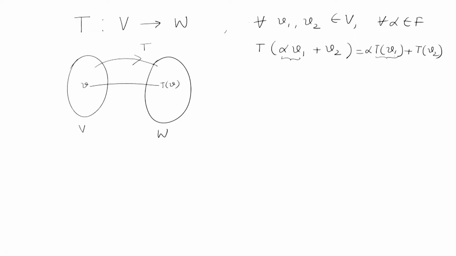So if this property holds for every V1, V2 in V and for every scalar alpha in the field, then we say that T is a linear transformation.